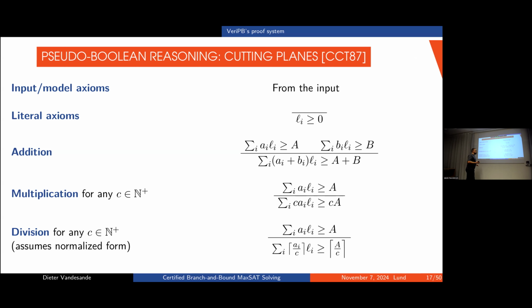And then, because we're reasoning with integers, we know that the left-hand side will be an integer value. So if it's greater than or equal to any number, then it's also greater than or equal to the first integer that's greater than the number that you first had. That's the second rounding. So let's take a look at an example.